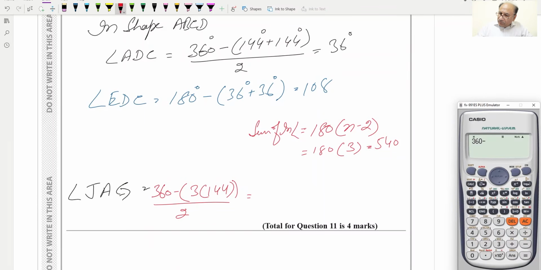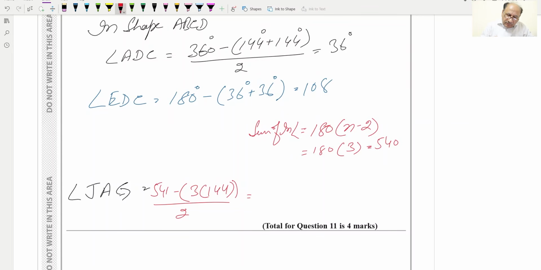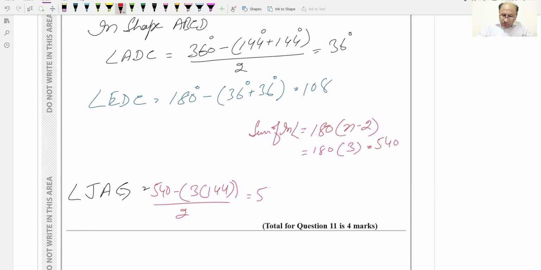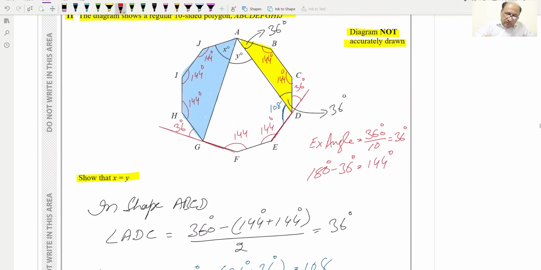We are getting minus 36, basically this should not be 360, it should be 540. So 540 minus 3 into 144, divided by 2, is equal to 54. Yes, now we got 54 angle. 54 is which angle?